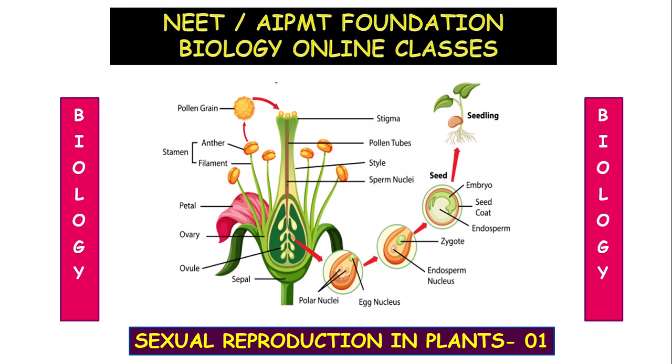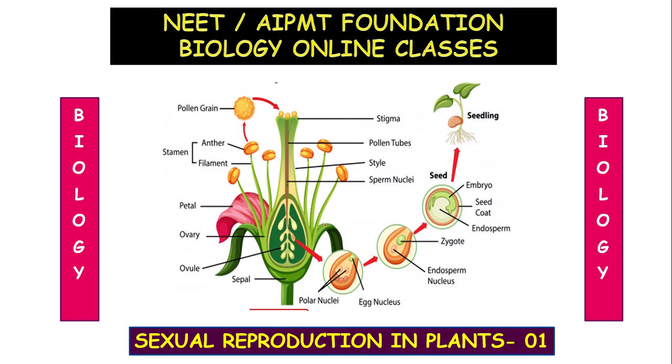The organ specialized to perform sexual reproduction in flowering plants or angiosperms is the flower. The flowers are basically modified condensed shoots.